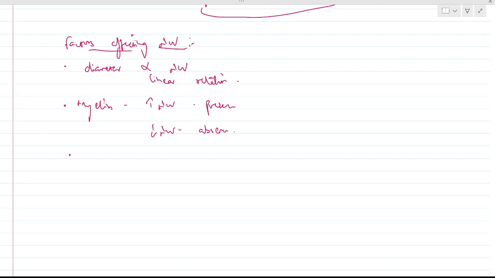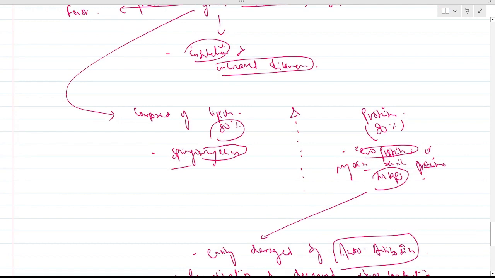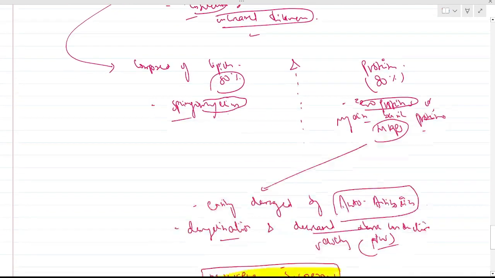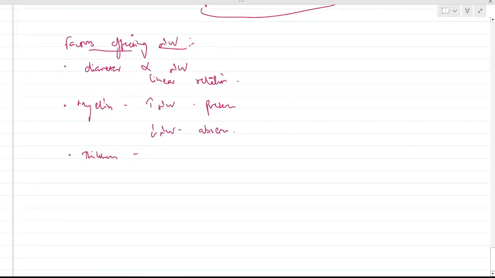Third point is thickness. You have seen above that myelin causes insulation and increased thickness. This thickness factor is proportional to nerve conduction velocity. This thickness is due to myelin.